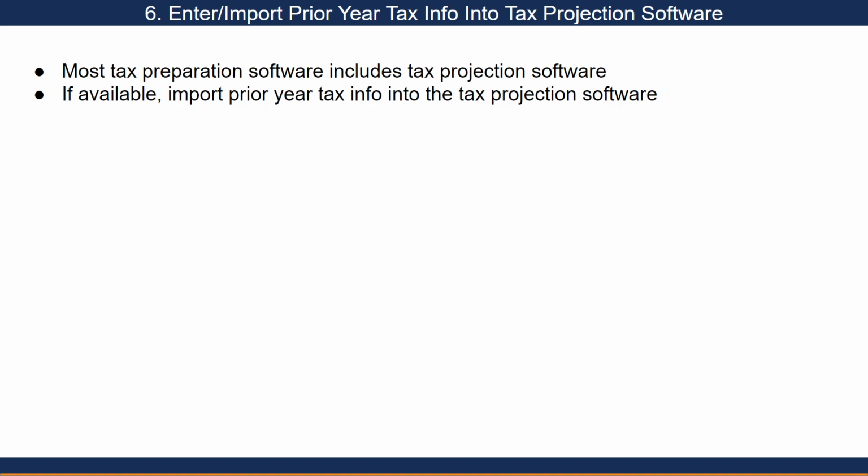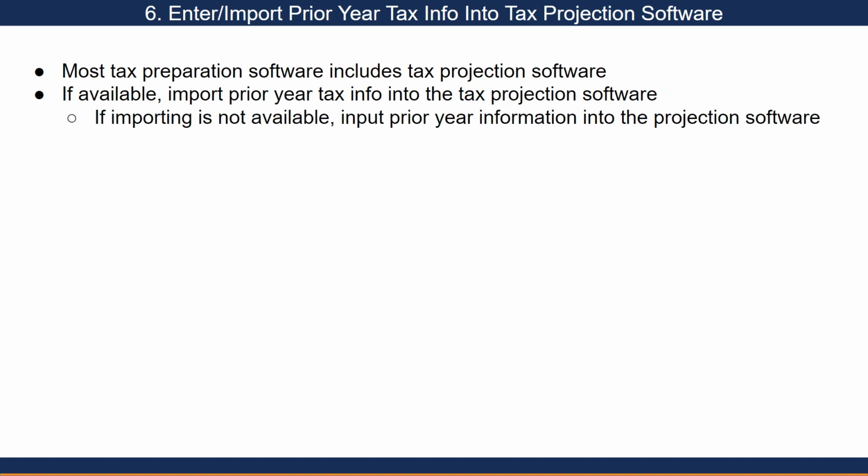For example, I've got all my clients that I've prepared returns for sitting in my tax software with their returns done. When I start a tax projection for them, I will import that tax return information into the tax projection software, and it will start there. It will show me 2019, what it looks like. So I have a good, strong starting spot there.